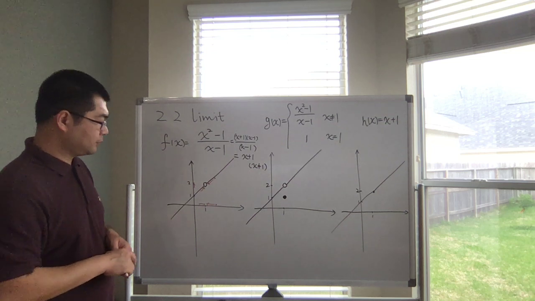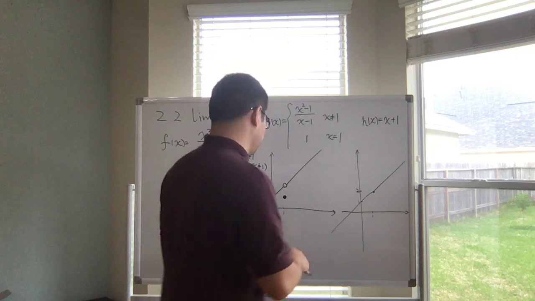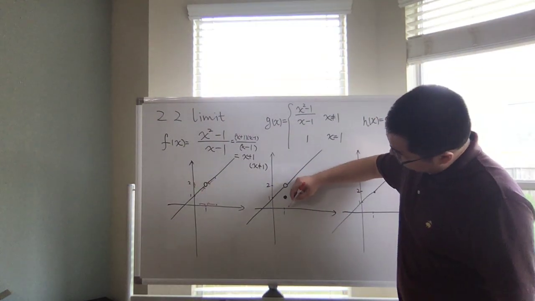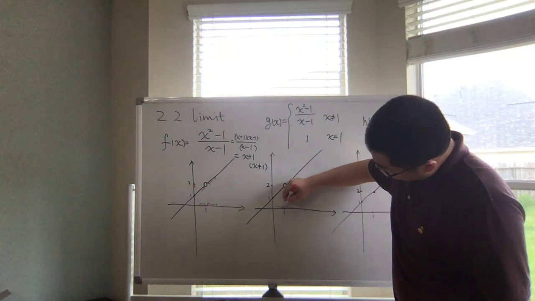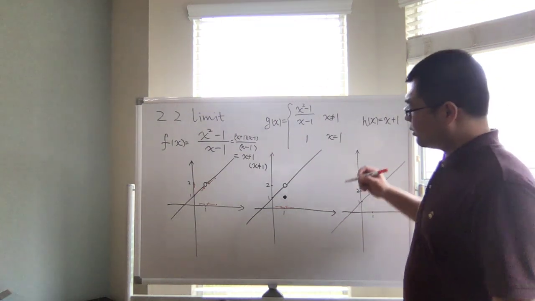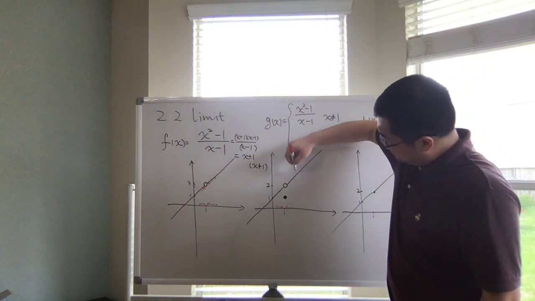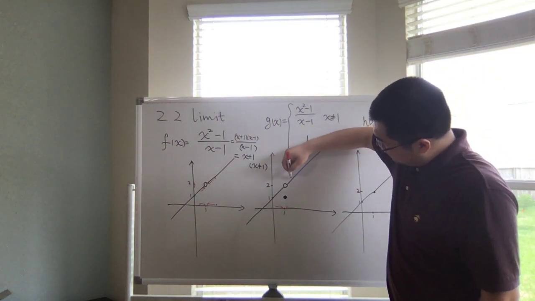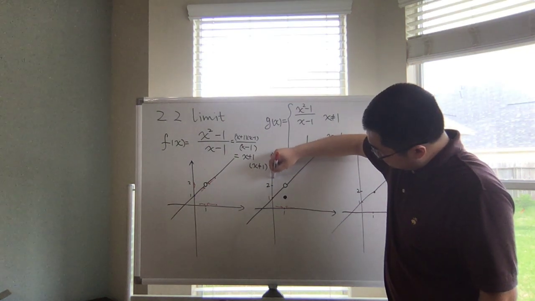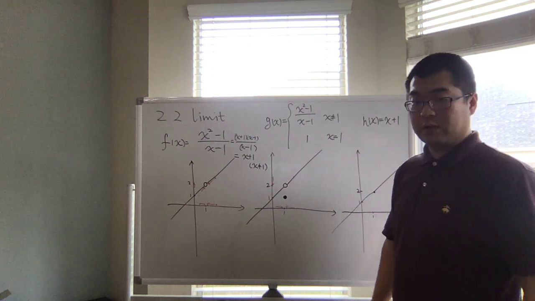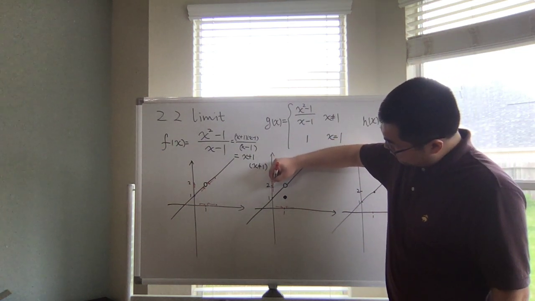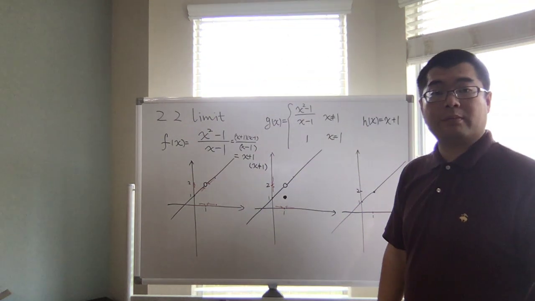And let's look at the second one here. Again, as x approaches 1, either from the right side or the left side, do you agree that your corresponding y value, starting from here, is approaching 2 either from the top or the bottom?